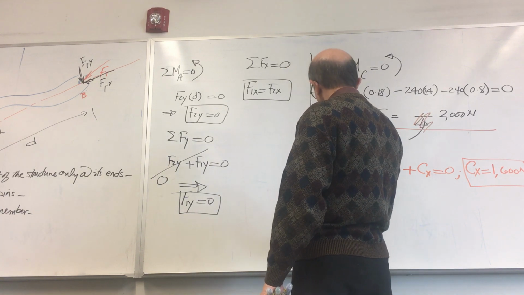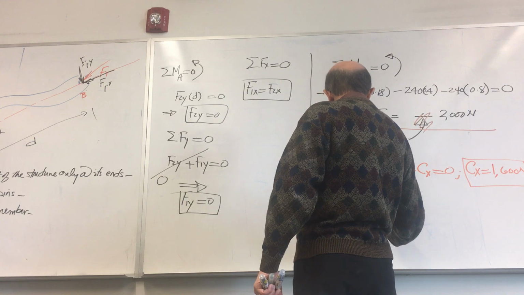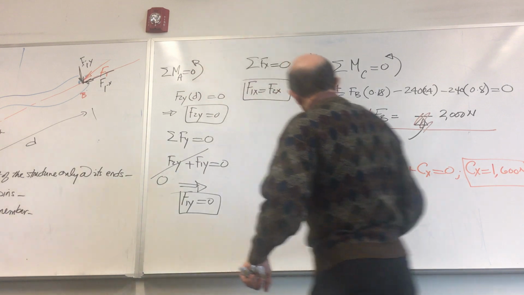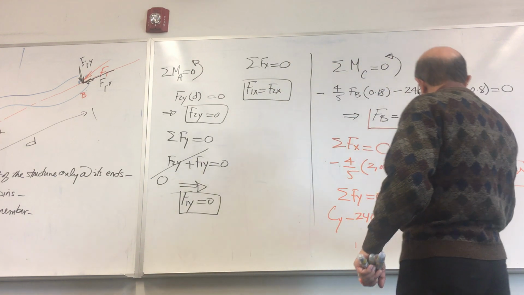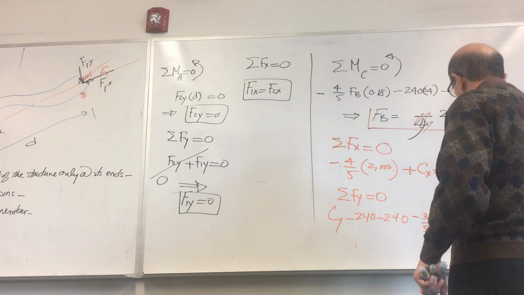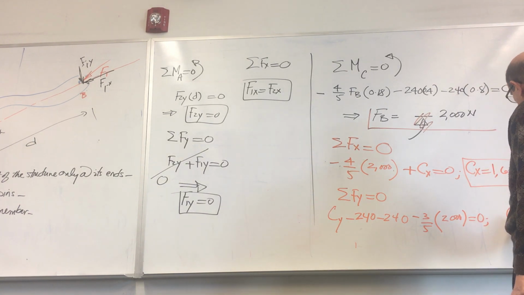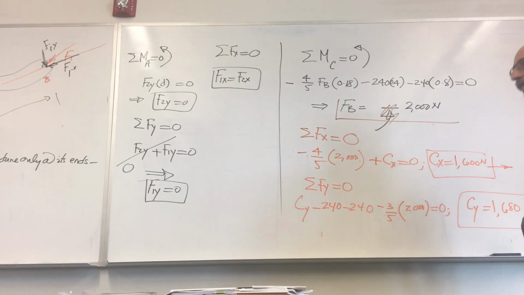You have CY minus 240 minus 240 minus 3/5 FB, or minus 3/5 of 2,000, equal to 0. That will be giving me 1,680. CY is 1,680 Newton, and it is acting in this direction. Okay.